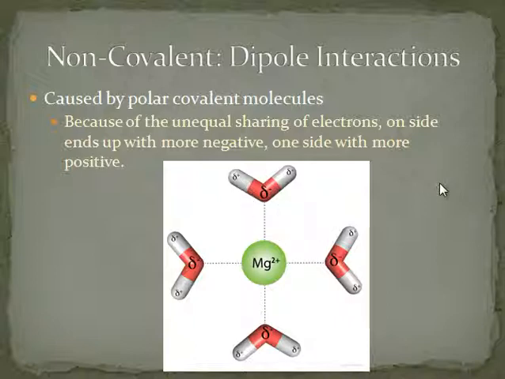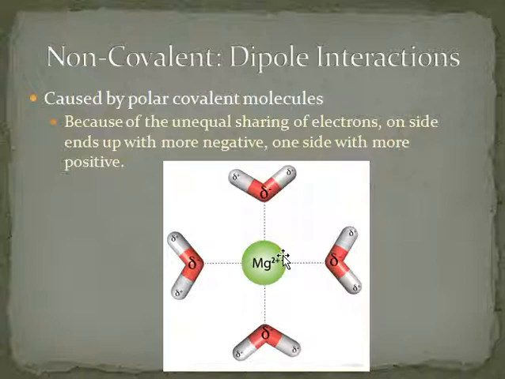Now the red spots are oxygen, and the white spots are hydrogen. If you recall, oxygen is more electronegative than hydrogen, so even though they're still sharing and they're still covalent between these two, you end up with a slightly more negative charge on the oxygen, since it's pulling the electrons a little closer to itself than the hydrogen is.